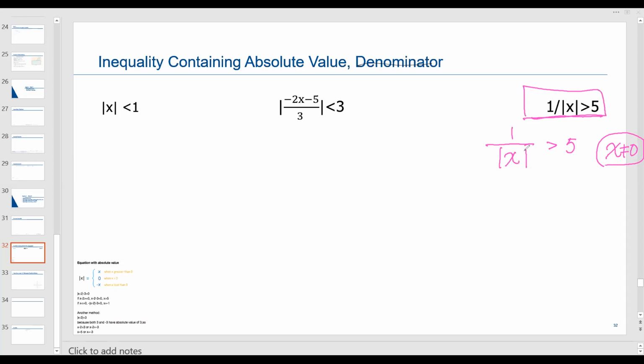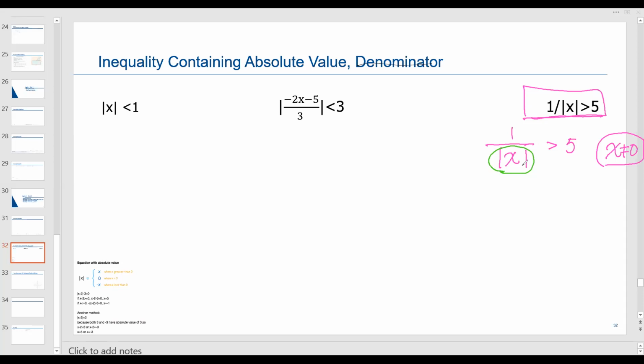Okay, so right now what we need to do is, we consider absolute x a unit. This absolute x is a positive number, right? Doesn't matter what x you are, except 0. The absolute value becomes a positive number except 0, so definitely take 0 out of here first. So absolute x is a positive number.